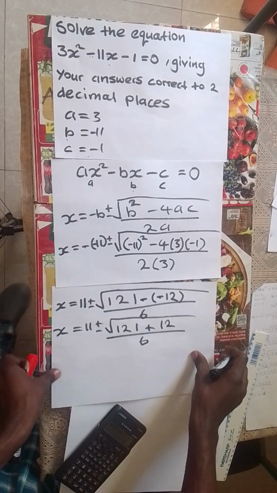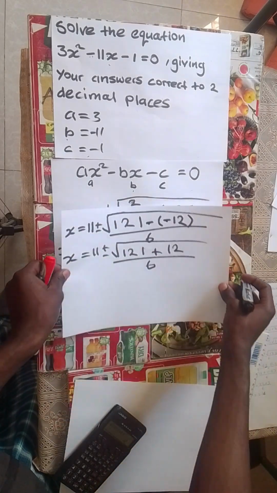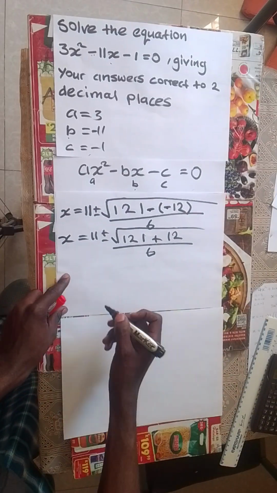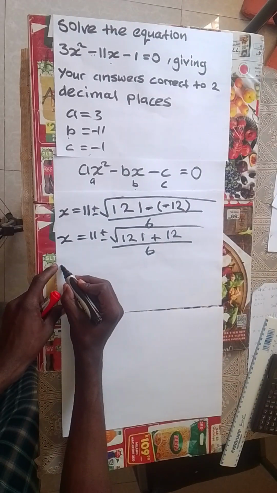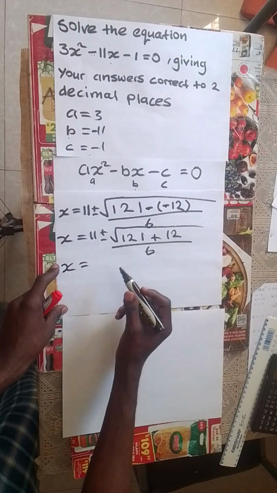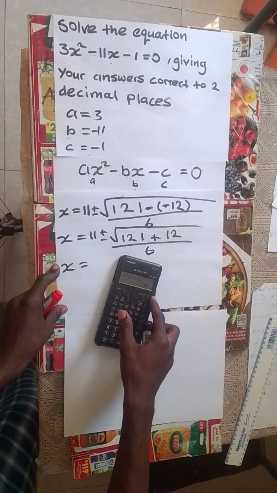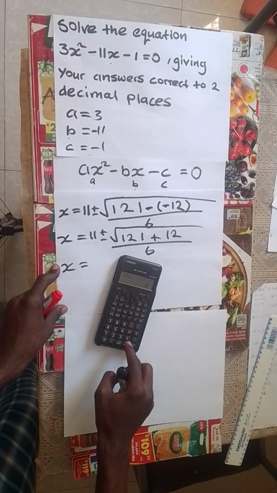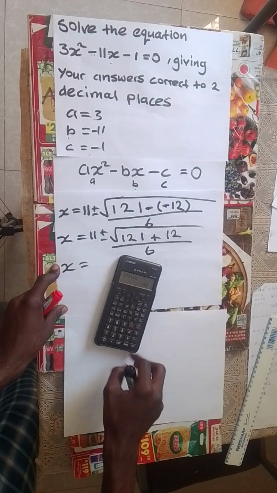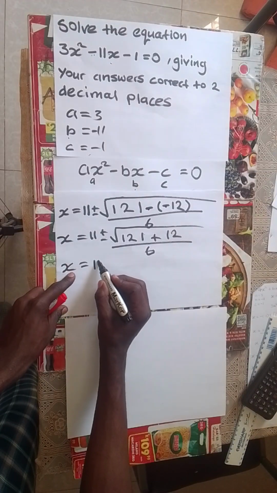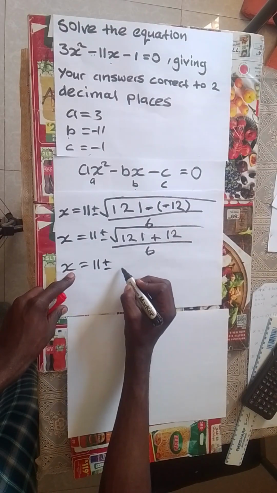So let me bring it here. I'm running out of space. So now we have brought it here. We're going to say 121 plus 12. I am getting a 133.